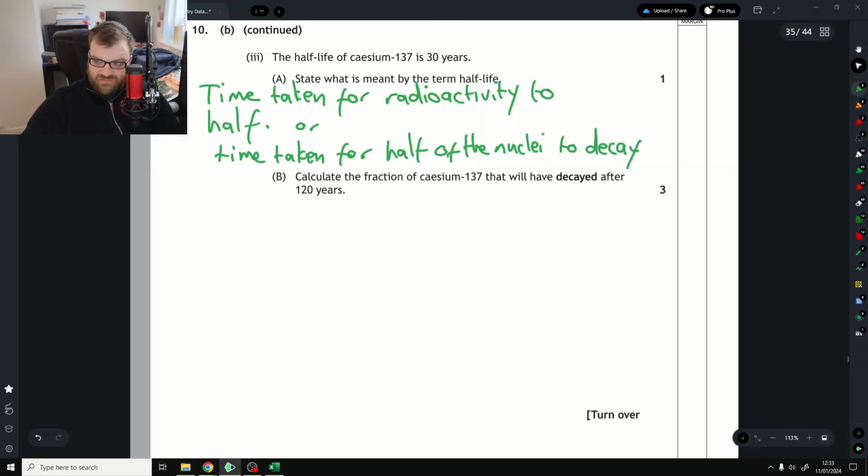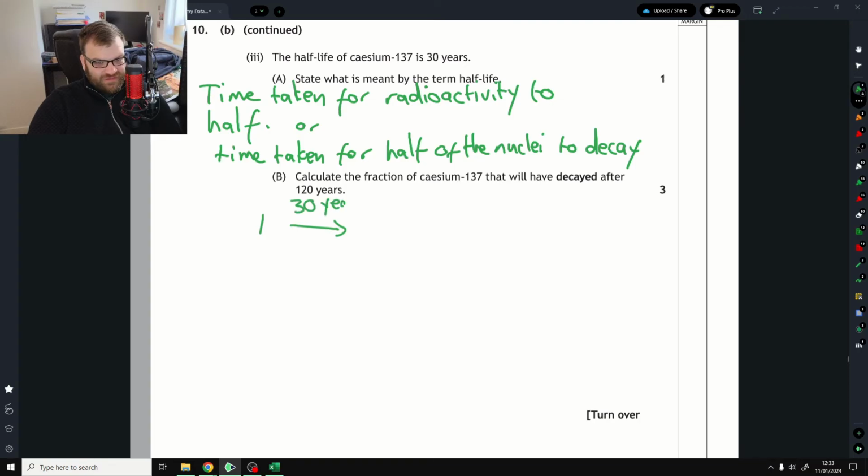Next one, we're dealing with half-lives. So this one we want to calculate the fraction of the cesium that will have decayed after 120 years. Now, at the very beginning, we would have all of our cesium. After one half-life, which is 30 years, we would drop to having a half of the substance.